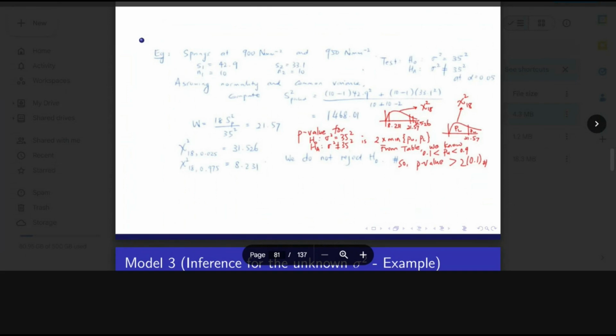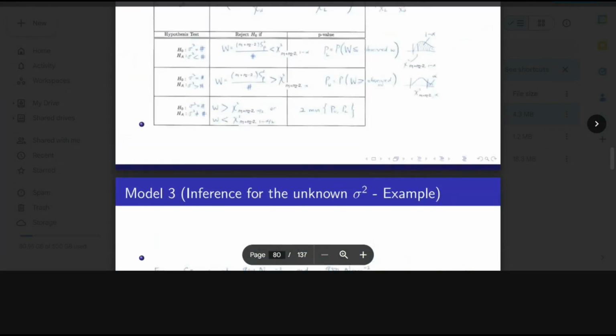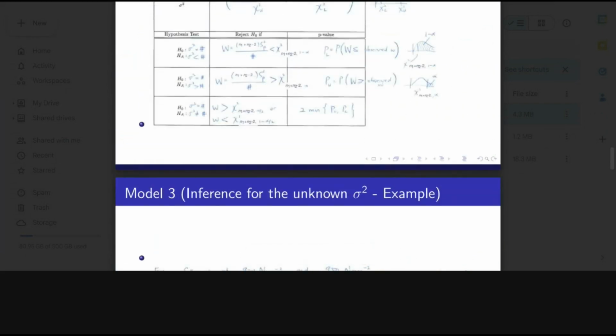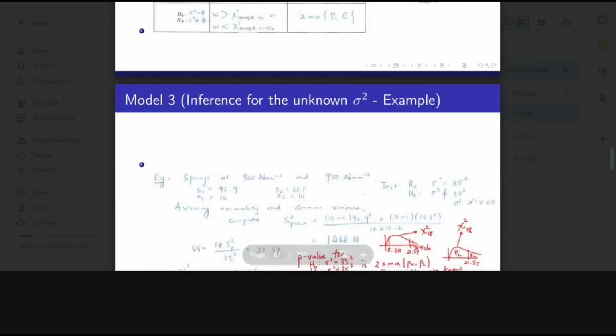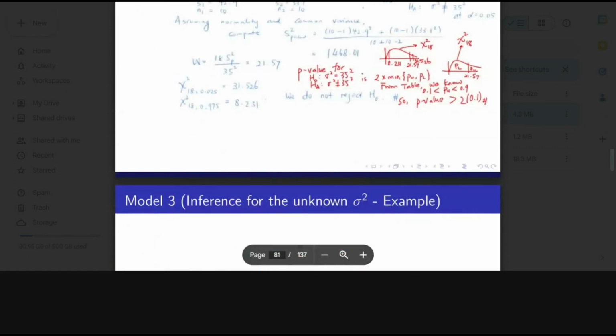Therefore, the rule is the p-value is take the smaller of these two areas. Let me just go backwards again. You take the smaller of the right side and left side areas and multiply by 2. It's a two-sided test. So we know that the area on either side is something between 0.1, right?